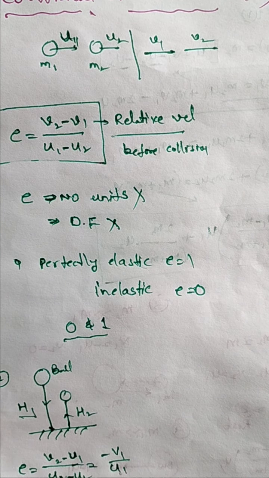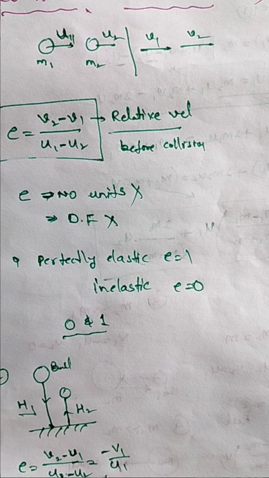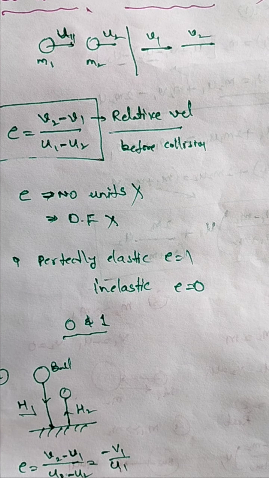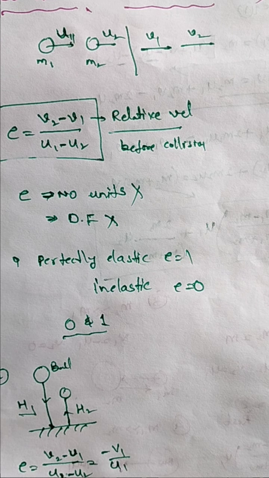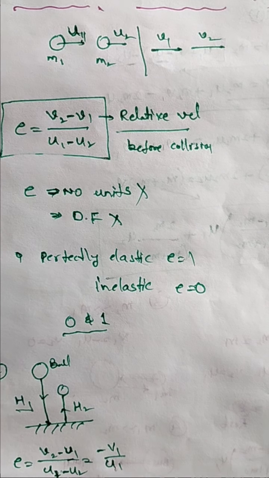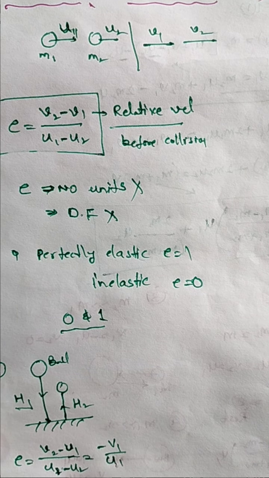So v1 is equal to root of 2gh, the general formula. Here I am taking v1 as root of 2gh2, and u1 is equal to minus root of 2gh1, the initial velocity. So taking the ratio, e is equal to minus v1 by u1.